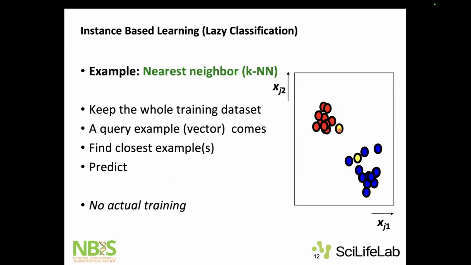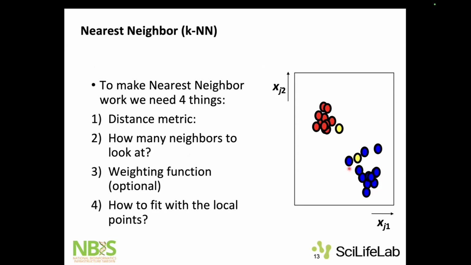For example, here the closest one to the yellow dot is a red one. So they say, okay, this is a red data point, we can label it as red. And similarly for this yellow one close to the blue one. Then it will predict whether this is blue or red. So that is a simple way of describing it.